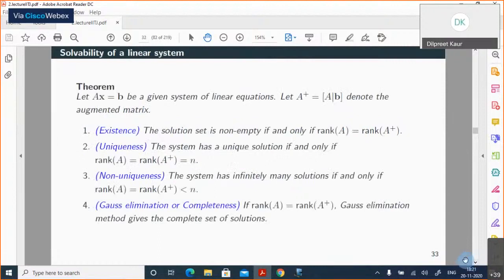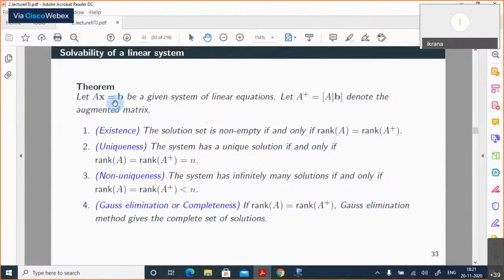Here is the application of row echelon form to solving a system of linear equations. If you recall, a system can be written as AX equals B, where A is the coefficient matrix, X is the variable vector, and B is the right-hand side. That is what is given.